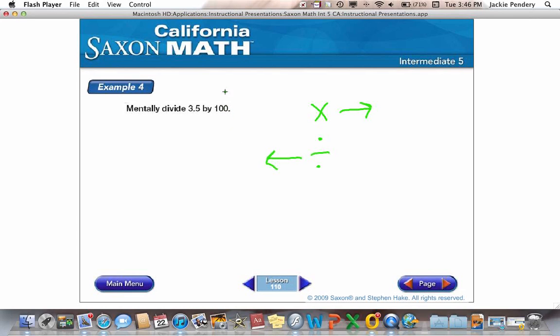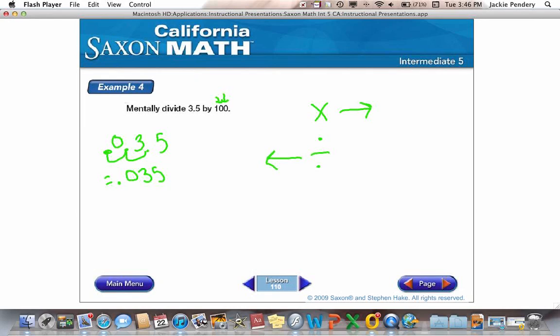And I move it to the left according to the number of zeros in my problem. So 3.5 divided by 100, I'm going to move 2 to the left. So here's 1, here's 2, and then I add in another 0. So it equals 0.035.